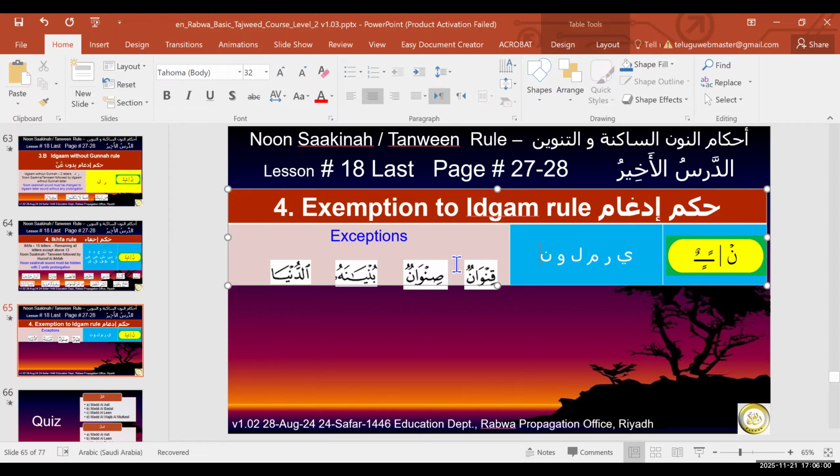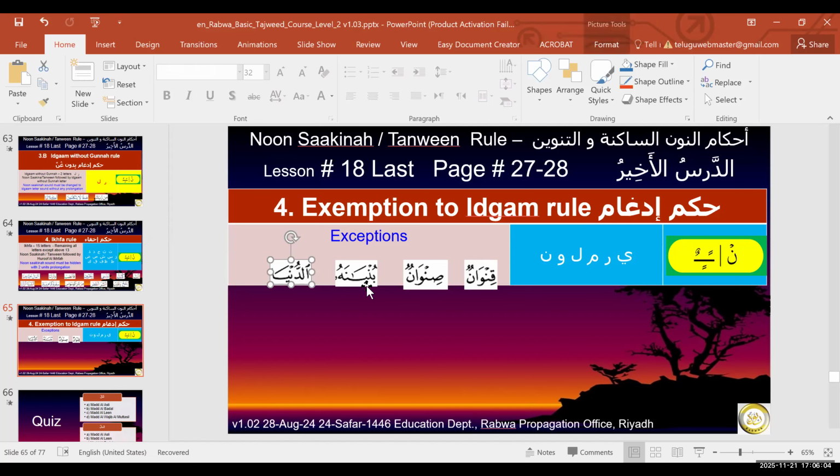But here, in case of these 4 words, even though you see tanween or nun sakina followed by an idgham letter, we should not apply idgham here. You have to read like izhar. This is an exceptional case. Brothers, remember, these 4 words are exceptional cases.